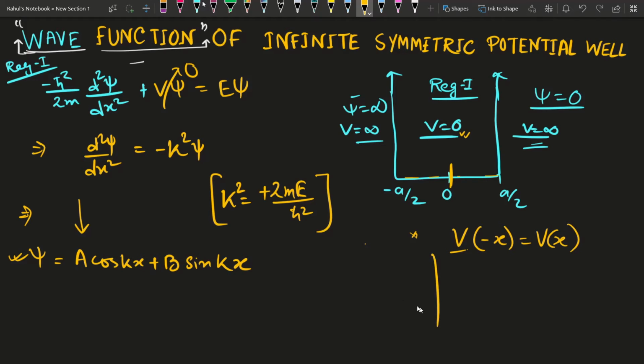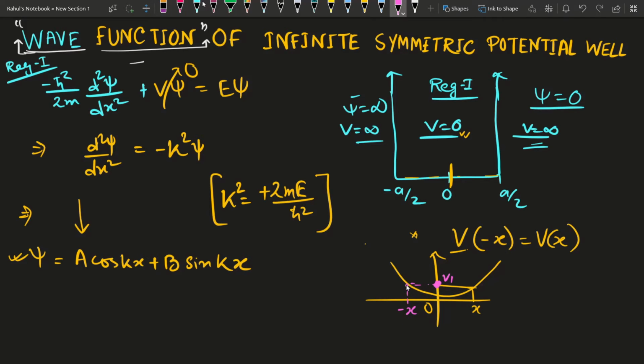But if you think of a harmonic oscillator potential, that is like this. So from here you can easily understand this is the 0 point. So this potential is symmetric, right? If this is suppose x point, so the value of the potential here is suppose V1, that will be just equal to the value of the potential at minus x.